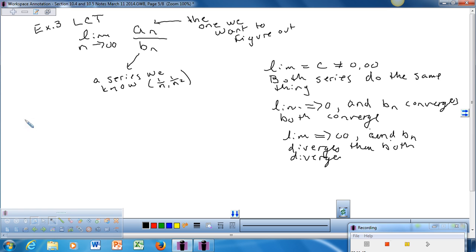And let's see, let me see what I chose. n over n plus 1. So we want to know if n over n plus 1 converges or diverges. This is the sum from n equals 1 to infinity of n over n plus 1, converge or diverge.